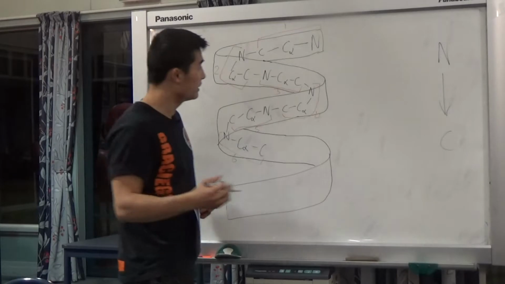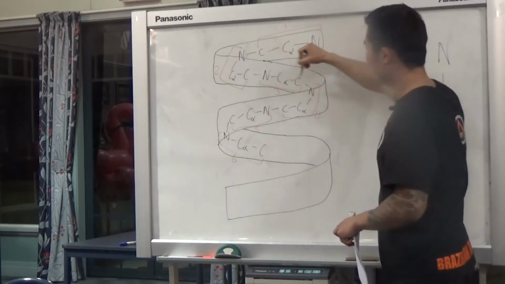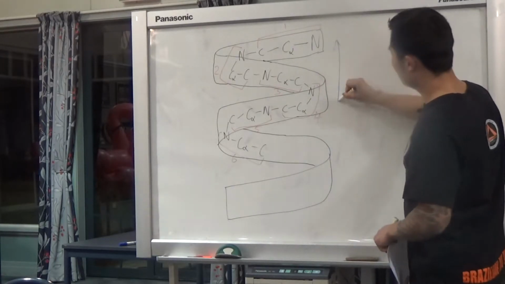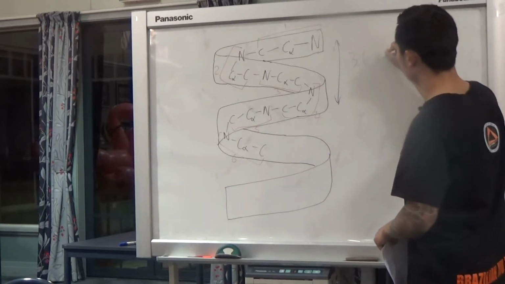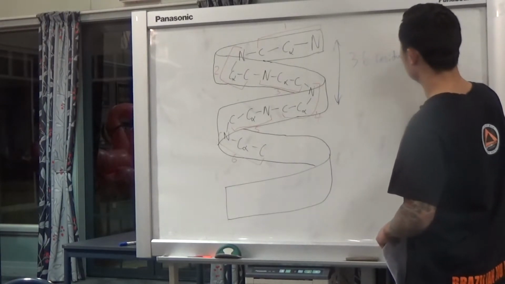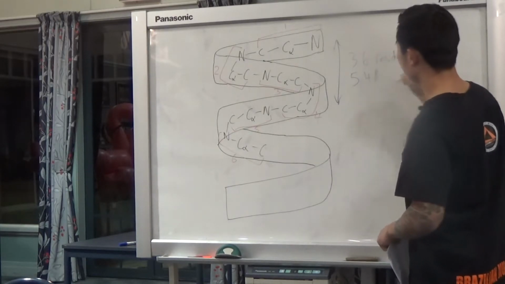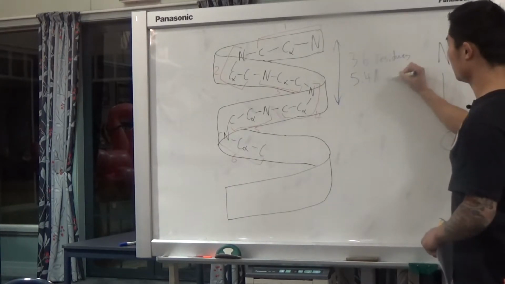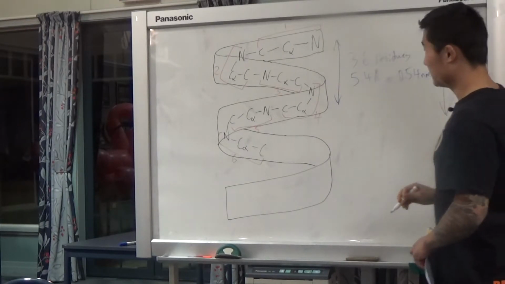The vertical distance: one turn is from here to here. This distance here is 3.6 residues, or 5.4 angstroms, which is 0.54 nanometers.